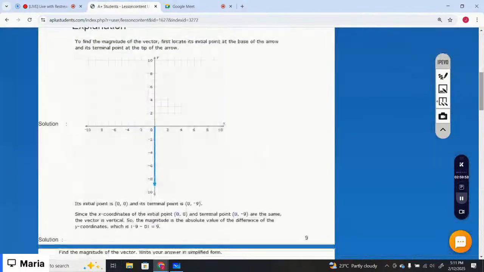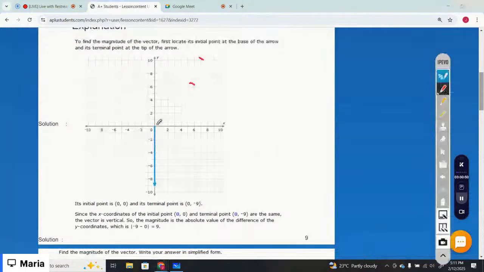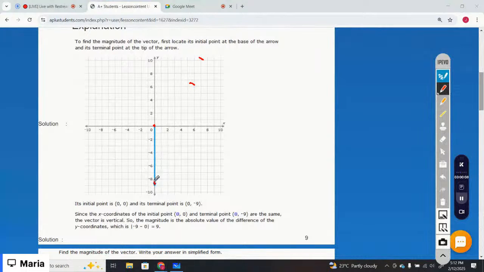So the initial point of the graph is at 0, 0, and the terminal point is the one with the arrow. Terminal point is at 0 and negative 9. X is 0, y is negative 9. Since the x coordinates of the initial point 0, 0 and terminal point 0, negative 9 are the same, the vector is vertical. So the magnitude is the absolute value of the difference of y coordinates, which is 9.